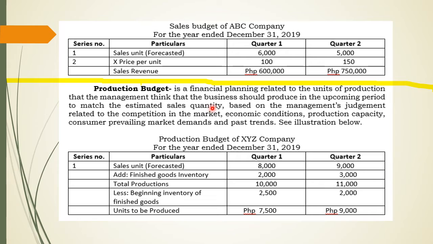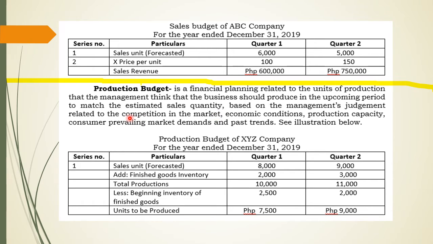So kung nag-forecast sila og a certain amount of sales, kinahanglan nimo siya i-meet, i-match nimo pila ang imong buhaton, pila ang imong i-produce nga product. Then, based on the management judgment related to the competition in the market.